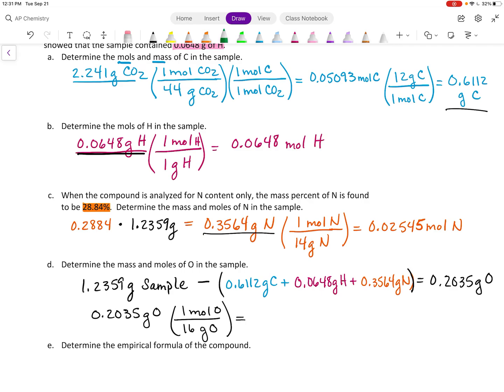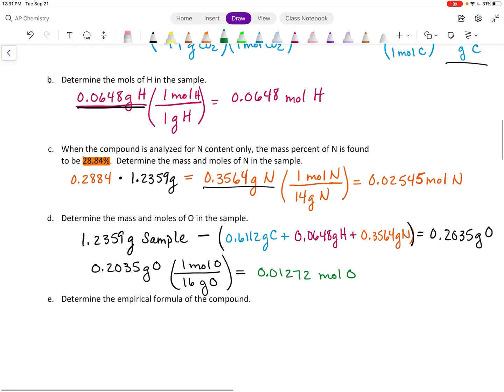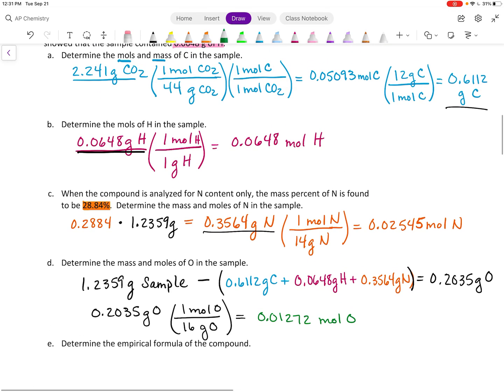I'm going to actually switch colors to green for my oxygen, and that should give us a value of 0.01272 moles of oxygen. Okay, so we need to have mass to determine the nitrogen and or the oxygen, or both. If we are doing this, we need to have mass for those. But we need to have moles in order to determine the empirical formula.